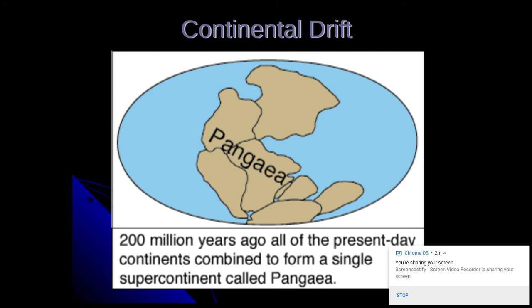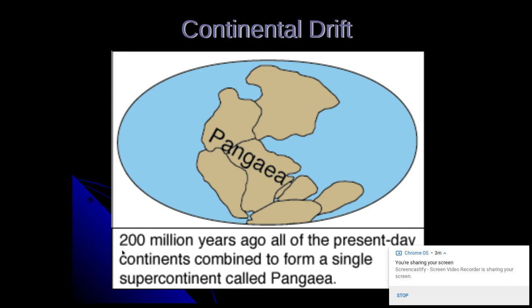Now what we need to talk about is evidences of this situation. So hopefully at this point, most of you have heard of Pangea. All right, 200 million years ago, it is believed that the continents were all together in this supercontinent called Pangea.